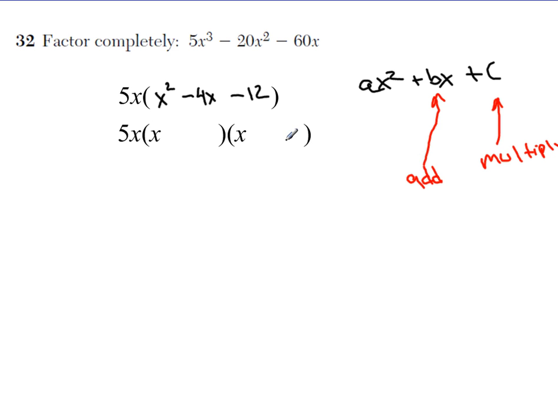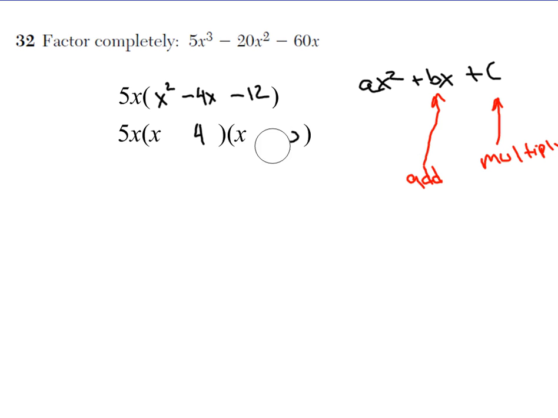Okay, so we've got to think of the factors of negative 12 that add up to negative 4. Let's just suppose for a second that you wanted to use 4 and 3. This is not going to work because 4 and 3, whether you make this one positive and this one negative, is not going to add up to give you negative 4.